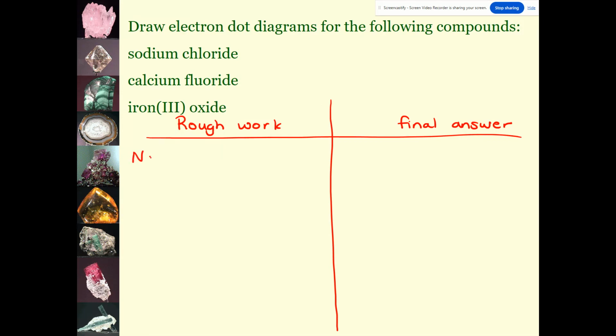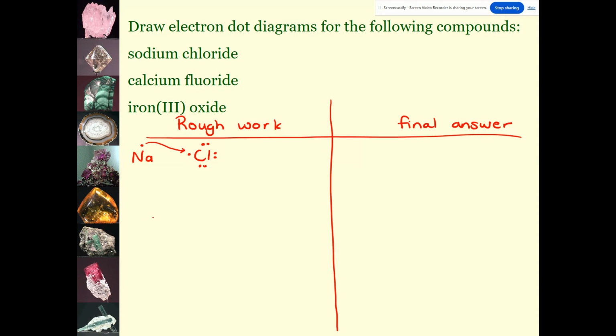Sodium has 1 valence electron, and chlorine has 1, 2, 3, 4, 5, 6, 7 valence electrons. I need to get rid of all the electrons from my metals so that they have none. I need to get a full 8 around my nonmetals, so they have to gain as many as it takes. So sodium has 1 to get rid of, and look at that, chlorine needs to gain 1.